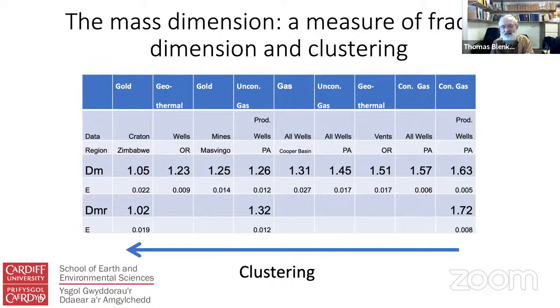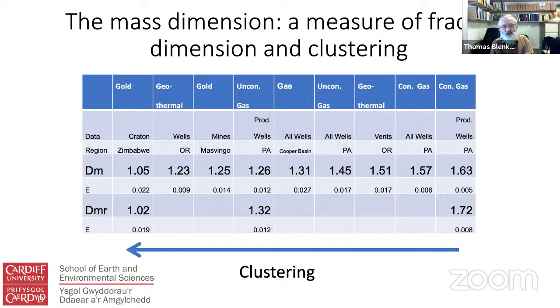So actually, it's no surprise that these are unconnected networks. Mineralization seems to, in fact, require there to be a degree of disconnection in the network in order for it to form a deposit. That could be one interpretation of these results.